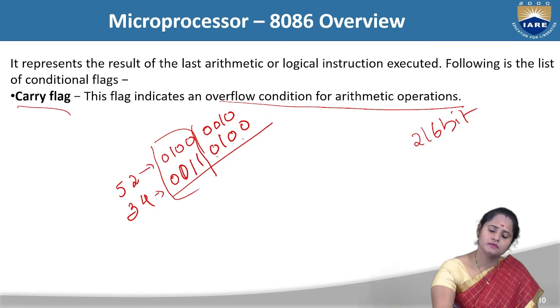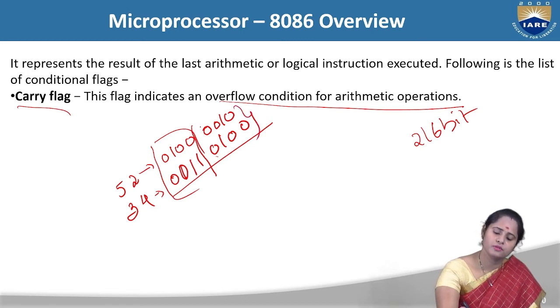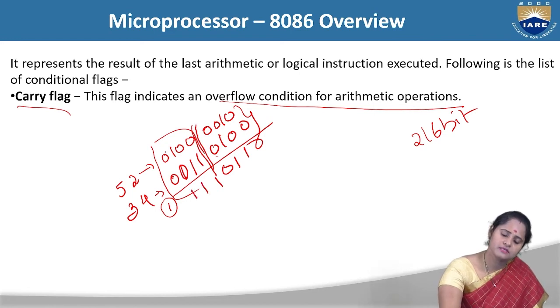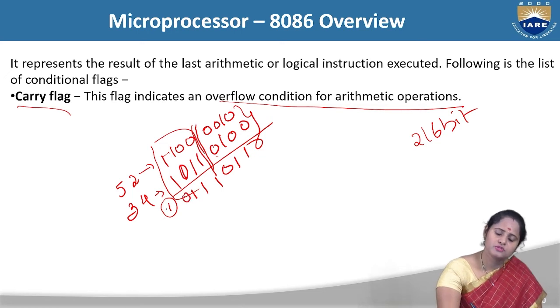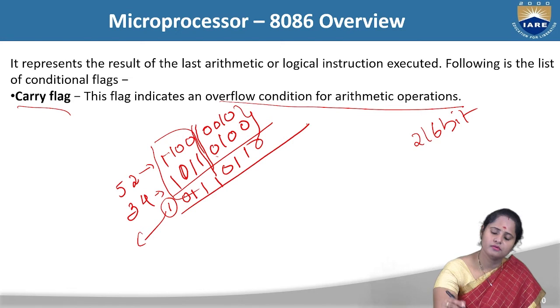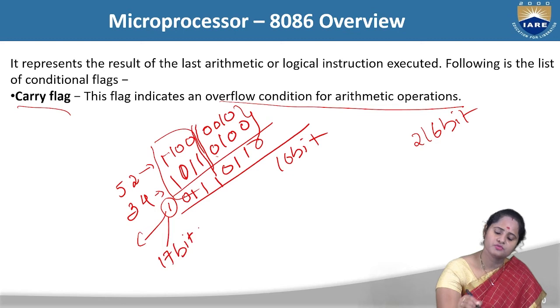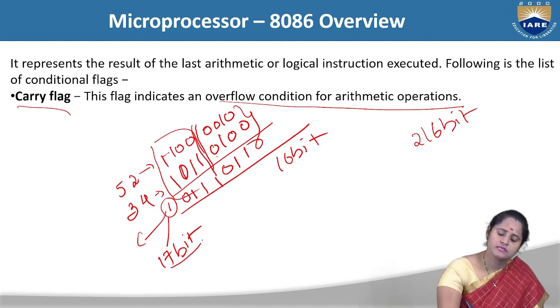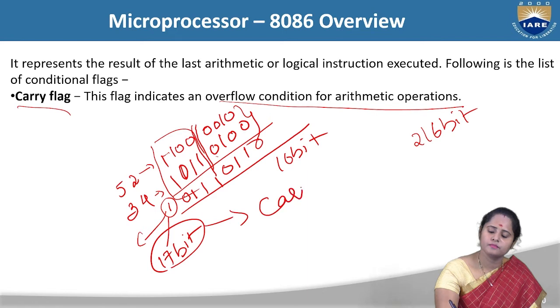Whenever you are adding these nibbles, if at the last you get a carry, for example 1 plus 1 gives 0 with a carry of 1. That 0 with carry 1 is apart from the 16 bits. This extra bit is the 17th bit, and this 17th bit indicates a carry.